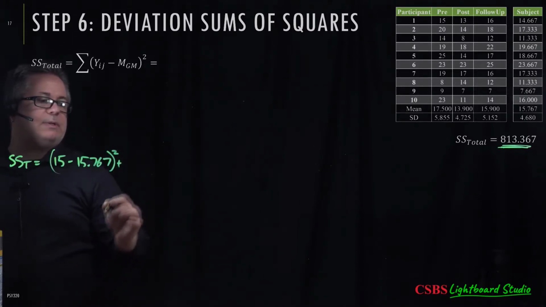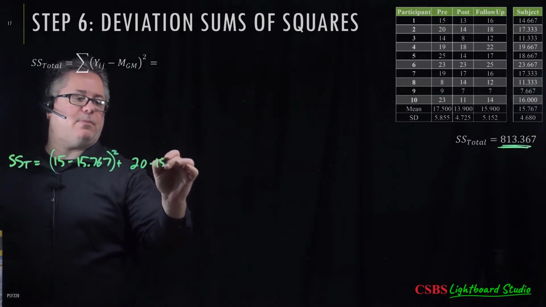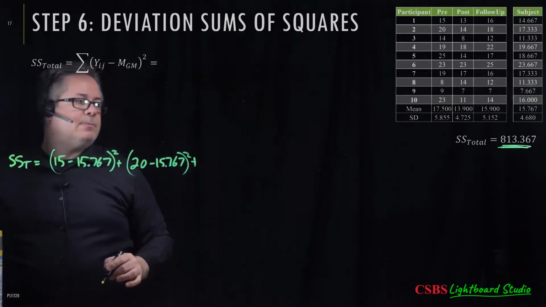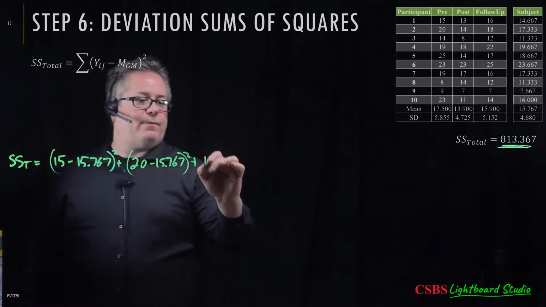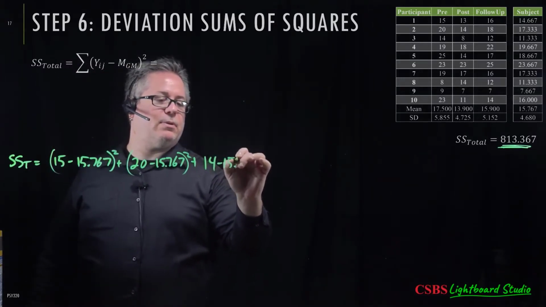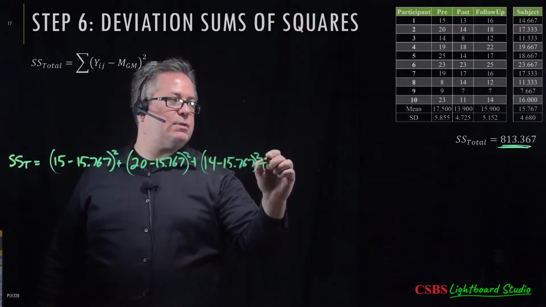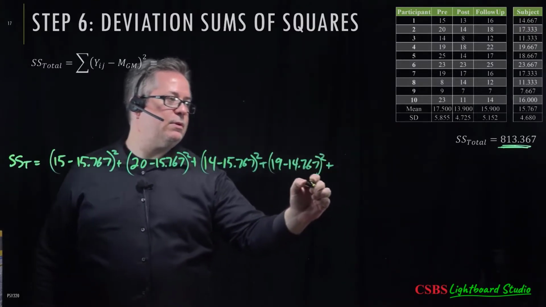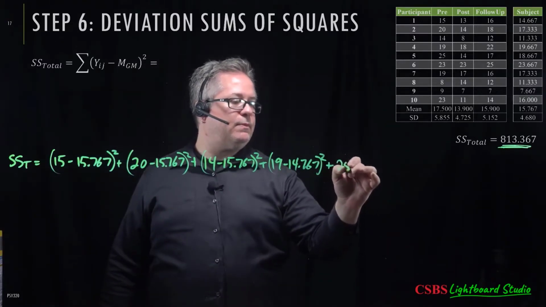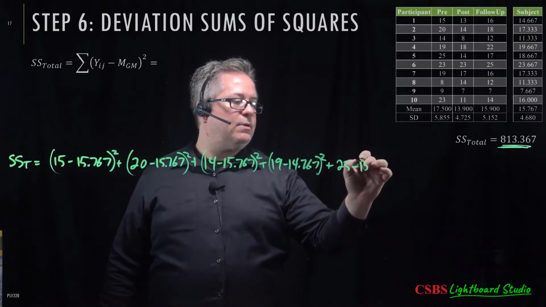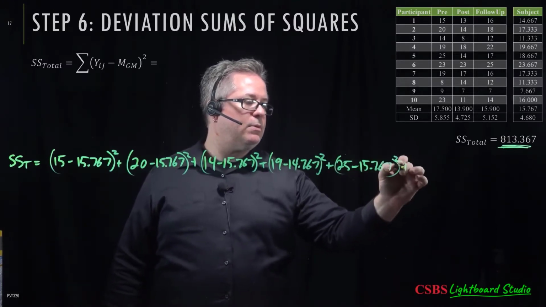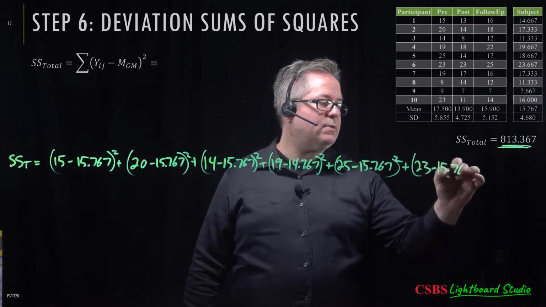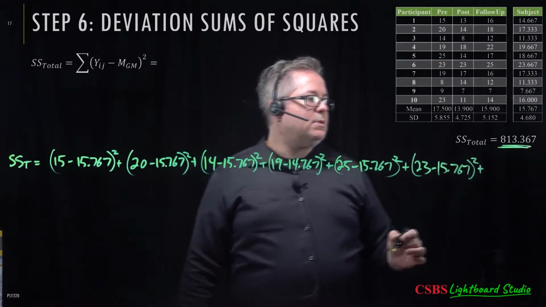Plus 20 minus 15.767 squared, plus 14 minus 15.767 squared, plus 19 minus 15.767 squared, plus 25 minus 15.767 squared, plus 23 minus 15.767 squared, plus 19 again.